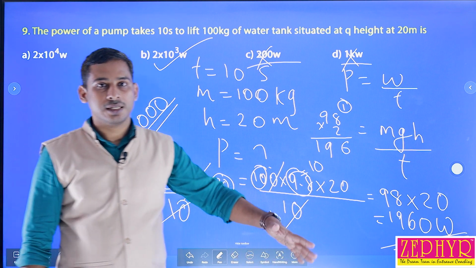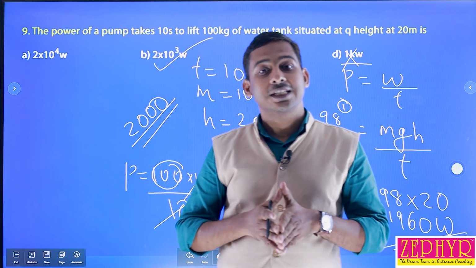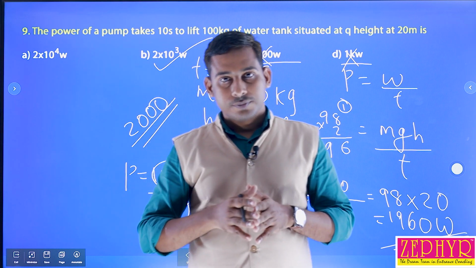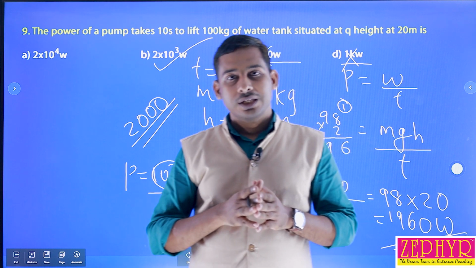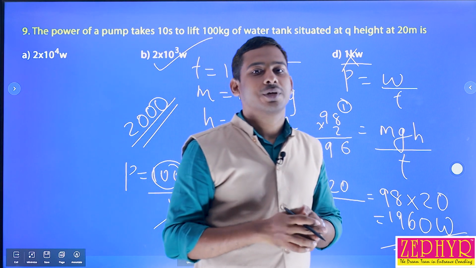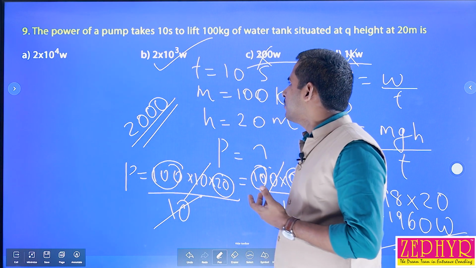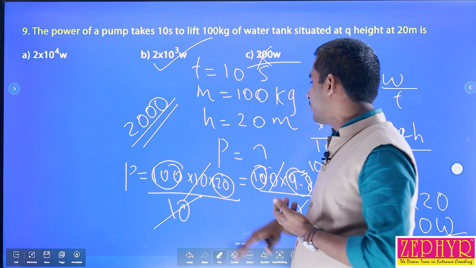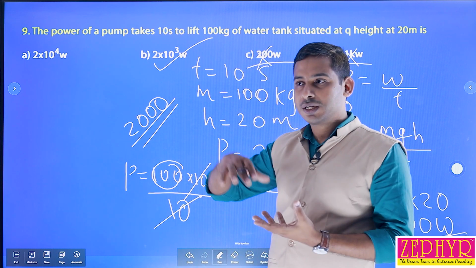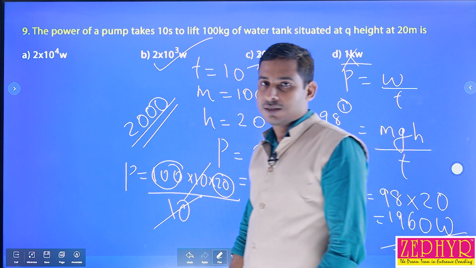So keep in mind, sometimes in some questions we have to follow the g value as 10, based on the situation or option, right? Okay. So hope all have completed the question. It is nothing but power equal to work by time. Work we can take as energy. Here water tank, like that question. So it is nothing but mgh.